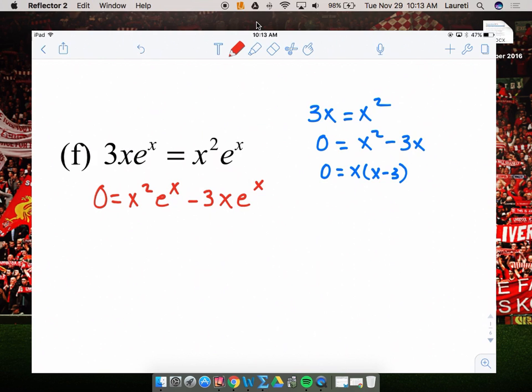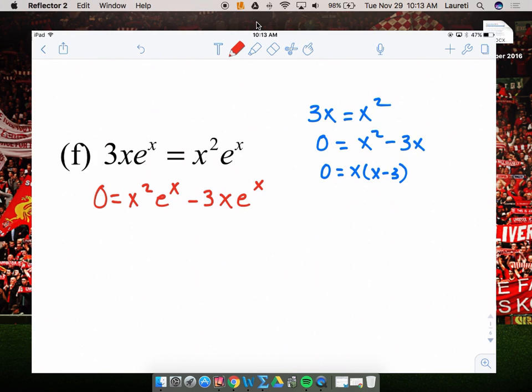Right, but what other solution are you missing now? Right. So you came up with that solution, which is good, but you're still missing that one. For this one you'd get 2 solutions, right? You'd have 2 answers. So how you did it, you would only get the one answer.